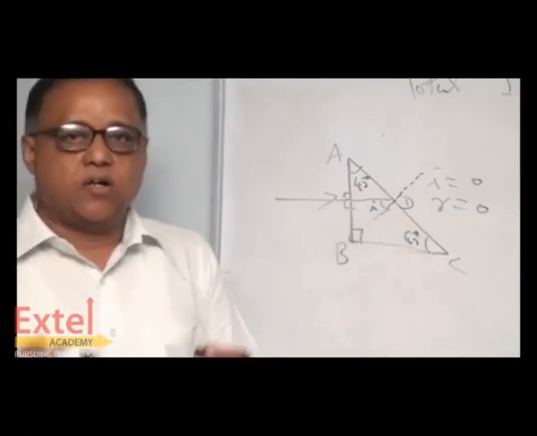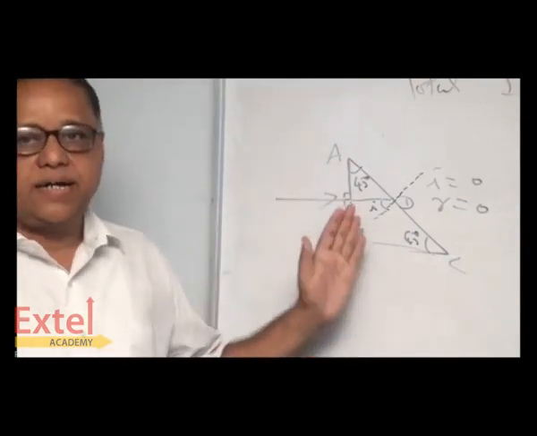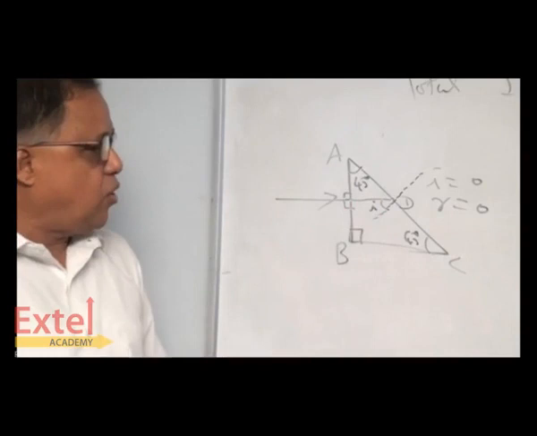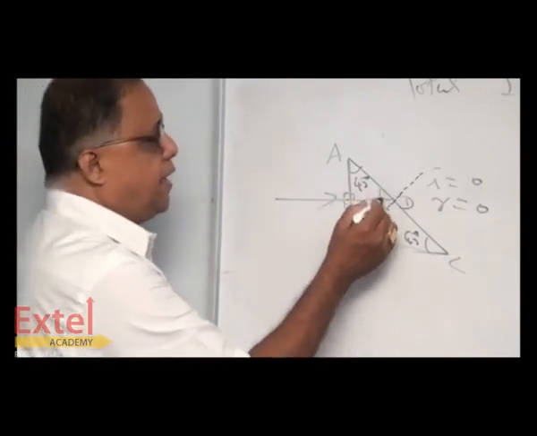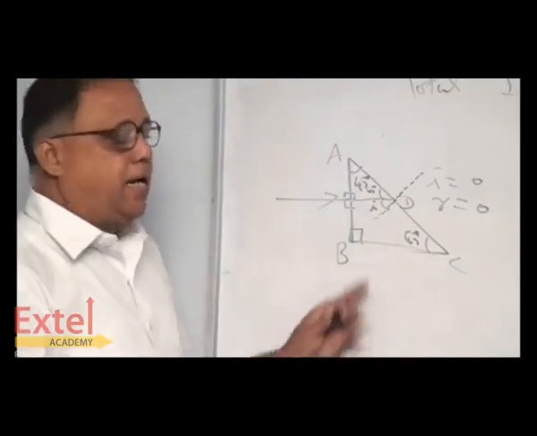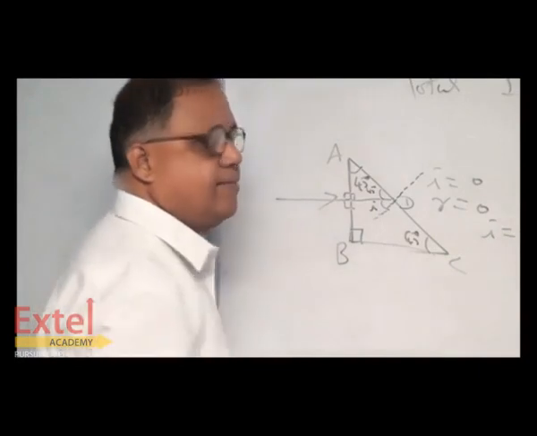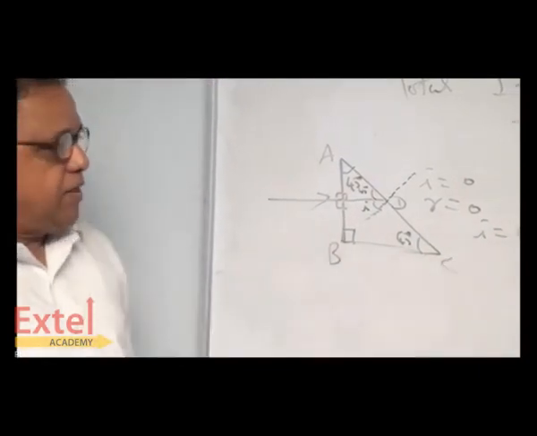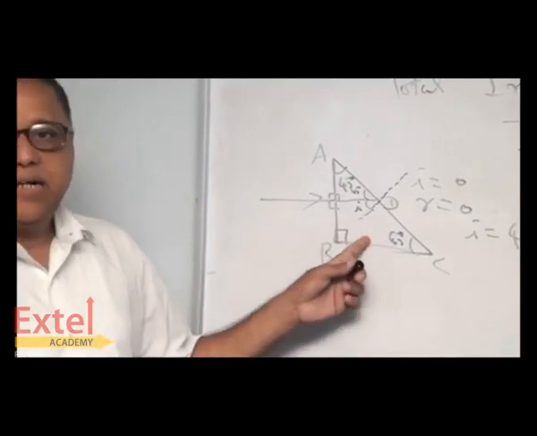Angle of incidence is only with the normal, not with the base, not with the side. As a simple mathematical calculation, it is 90 degree, and this angle is also 45 degree, and angle I is equal to 45 degree.